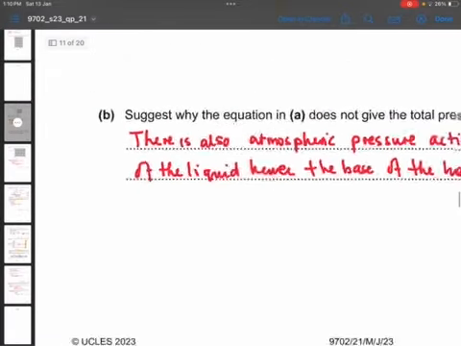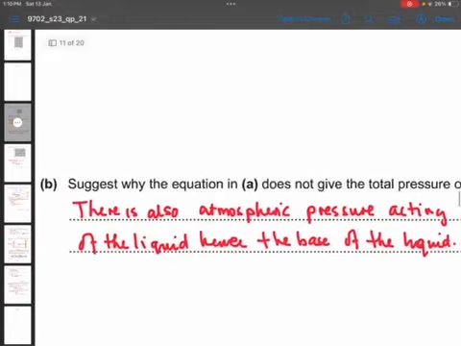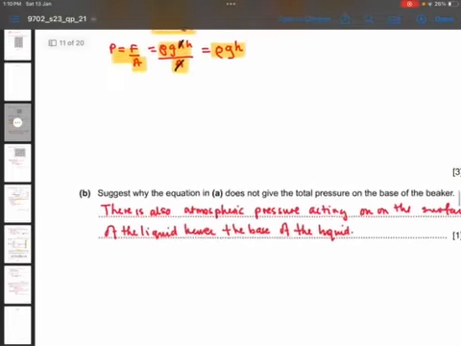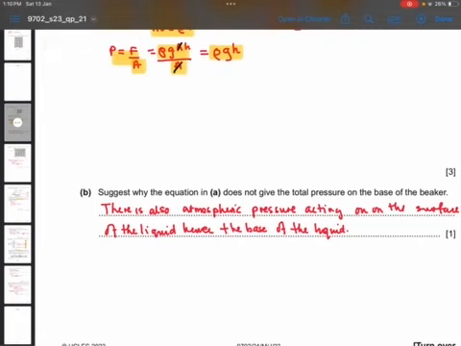The question says, suggest why the equation in A does not give the total pressure on the base of the beaker. The reason it doesn't give the total pressure at the base of the beaker is because when we put a liquid in air, especially with the top surface open, at the base of the liquid there is pressure due to the liquid, but there is also atmospheric pressure.